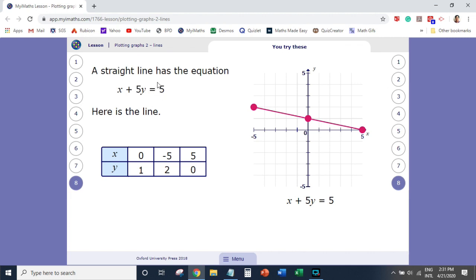So y equals mx right here, plus c. Our c is positive 5. Remember, if we move the positive x to this side, the x will become negative. That's why it's going down, because following the formula y equals mx plus c, our x will become negative.